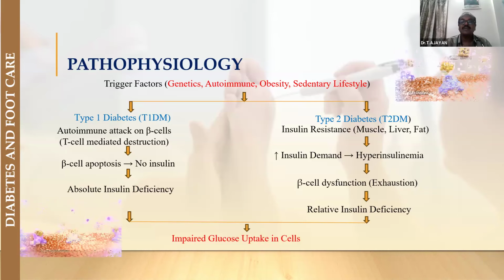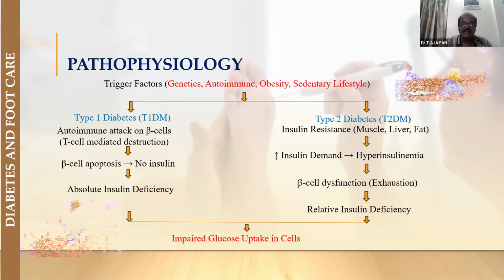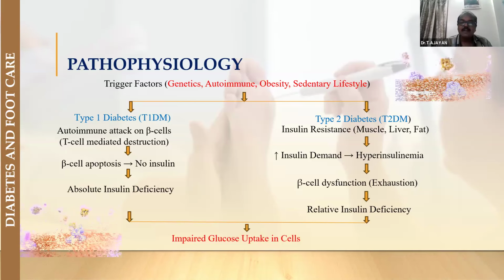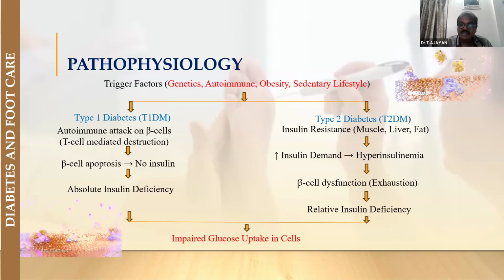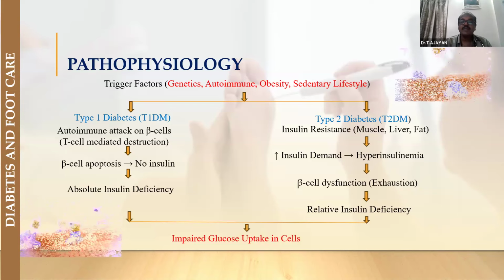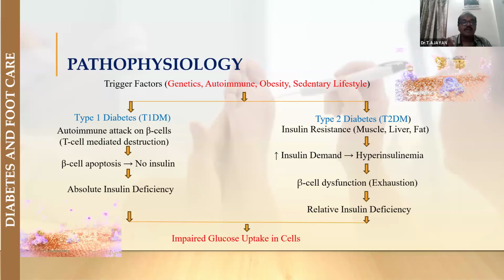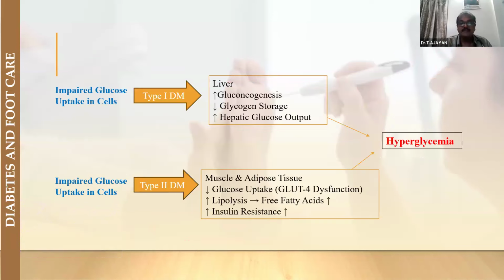Then in type 2 diabetes mellitus, there is insulin resistance in muscle, liver and fat. The increased insulin demand causes hyperinsulinemia, which can cause beta cell dysfunction or beta cell exhaustion, followed by relative insulin deficiency. Finally, in pathophysiology, we see impaired glucose uptake in cells. In type 1 and type 2 diabetes mellitus, the reason for hyperglycemia is different.